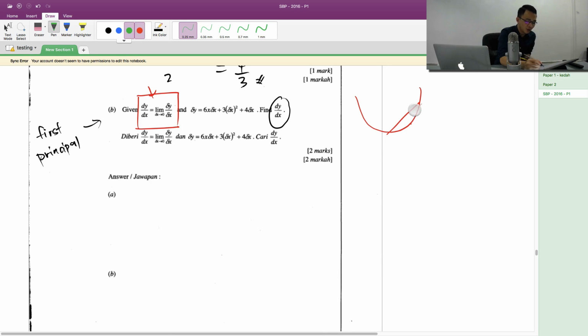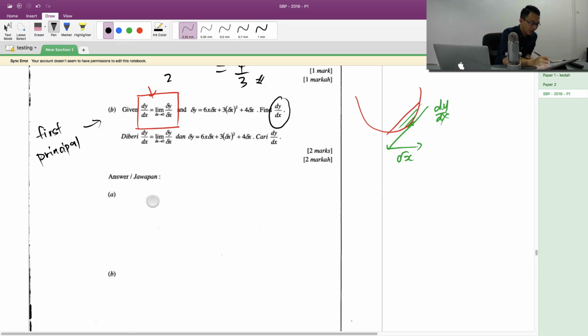They make this one become shorter until the change of x becomes so small that it becomes a tangent. When it becomes a tangent, you will get dy/dx. Okay, this is a very long story, you can just ignore it first. So I will teach you how to do it.